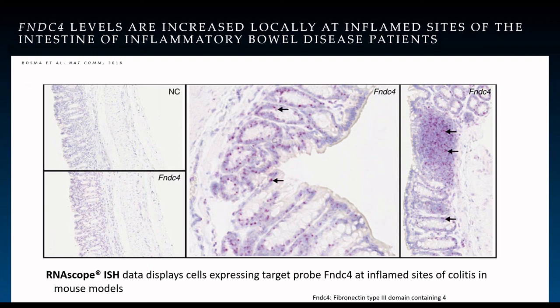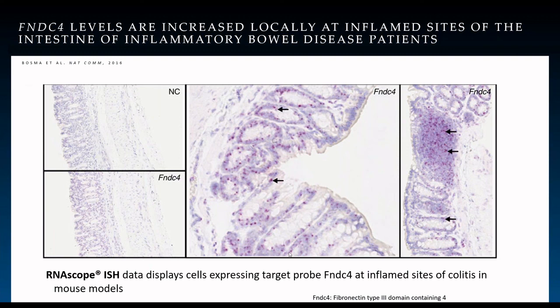the multiplex assay. In this next example, from a paper published in Nature Communications, they were studying the expression of the fibronectin type 3 domain protein gene. This particular FNDC4 is known to be expressed in inflamed colon, especially in patients with inflammatory bowel disease.